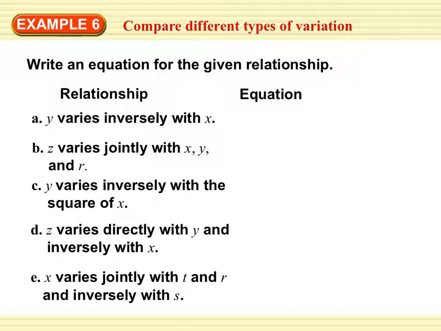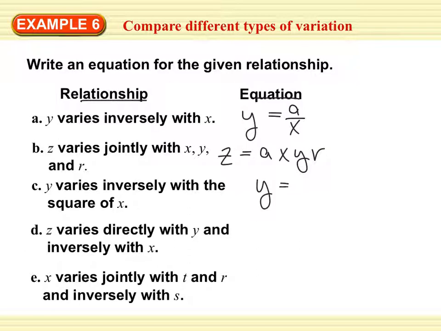All right, now we're going to compare different types of variations. Write an equation for the given relationship. Y varies inversely with X. Z varies jointly with X, Y, and R. Y varies inversely with the square of X. I'm just writing it as I say it, no real thought is going into it.